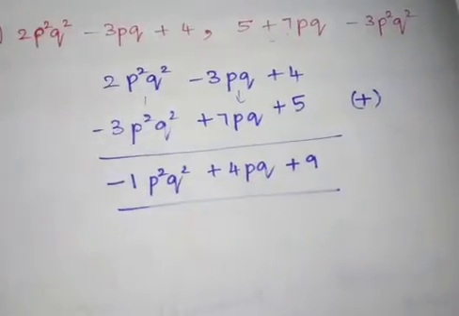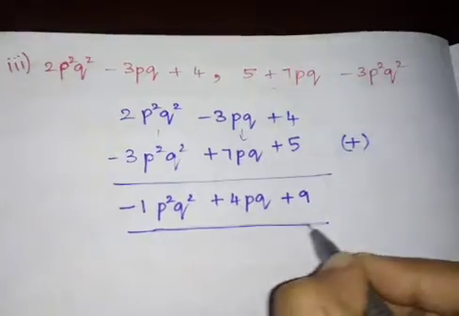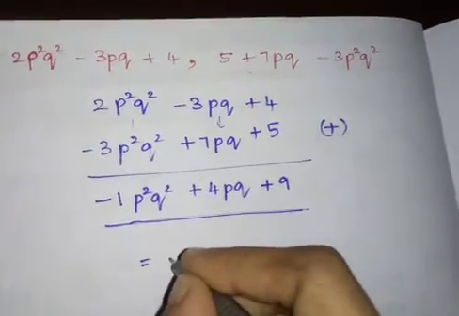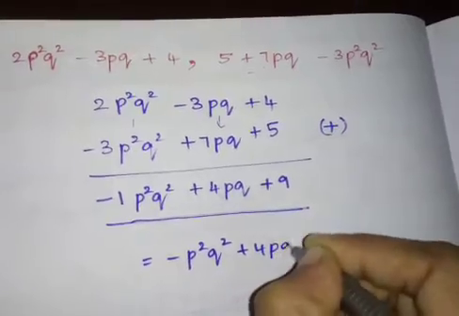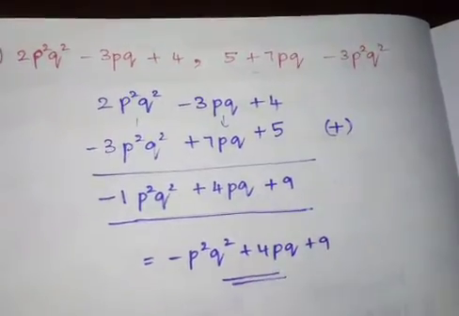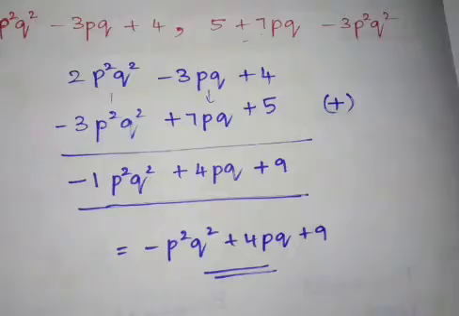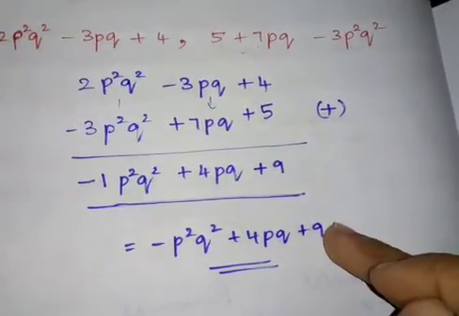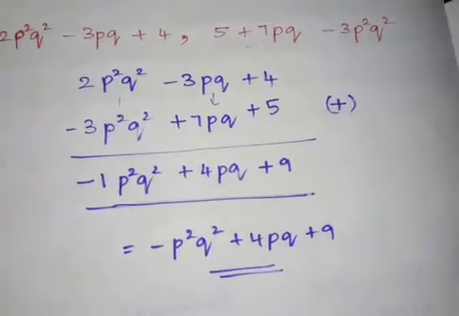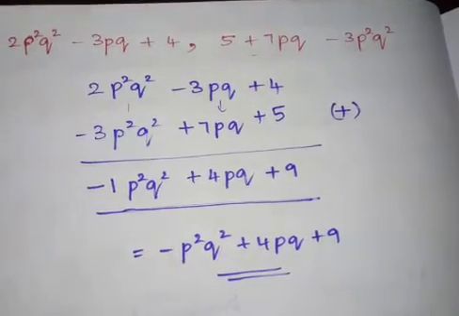Minus 1 p square q square is the answer. So what is your answer now? Minus p square q square plus 4pq plus 9. This is your answer. Understood? We have directly written the answer. Okay.